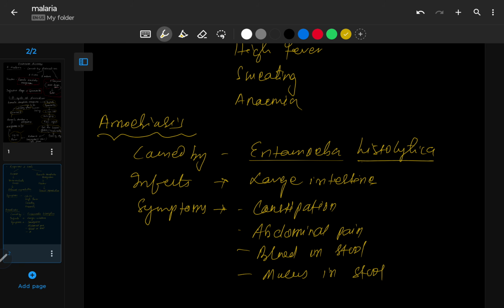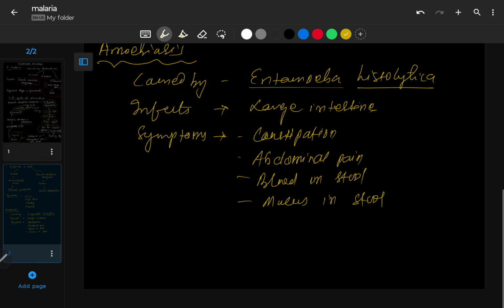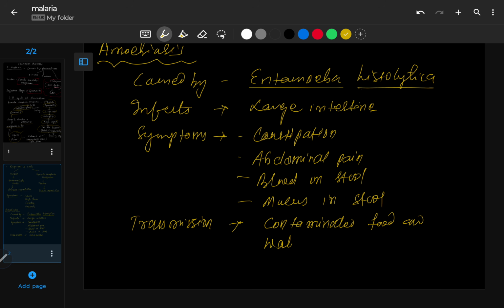Okay, so these are the symptoms, and how is it transmitted? Transmission takes place by contaminated food and water.